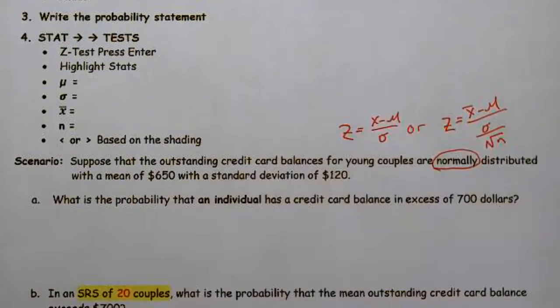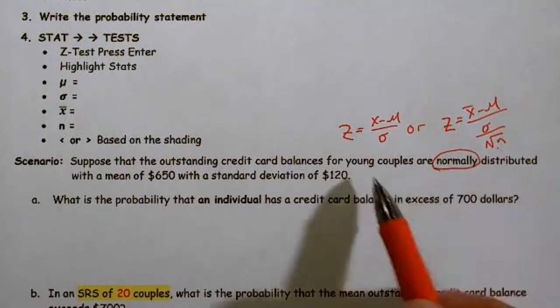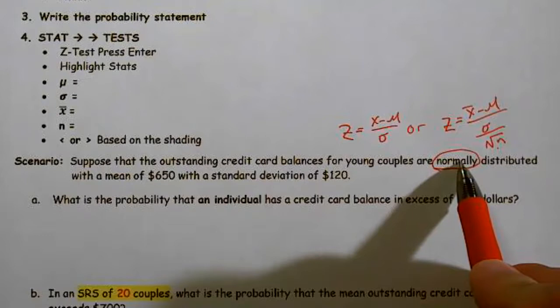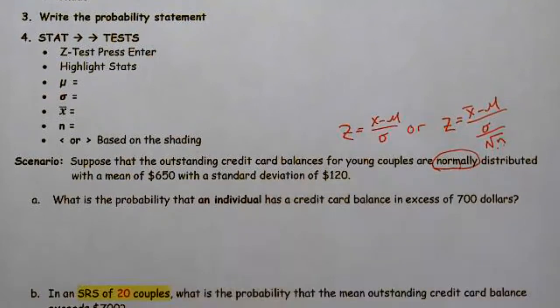Both of those can be applied depending on what we're working with. Regardless of the sample size, I can use this because the underlying population is normal. If it's skewed, I can only use this if it's 30 or larger.